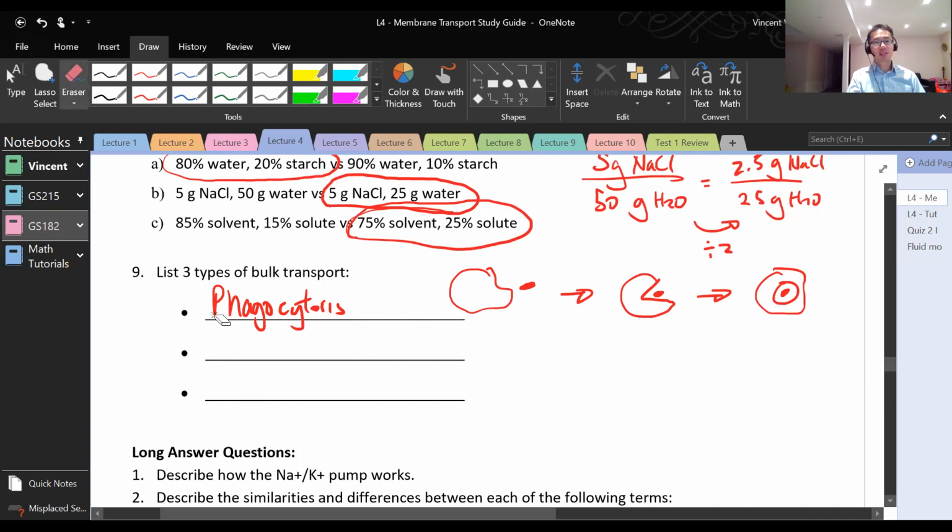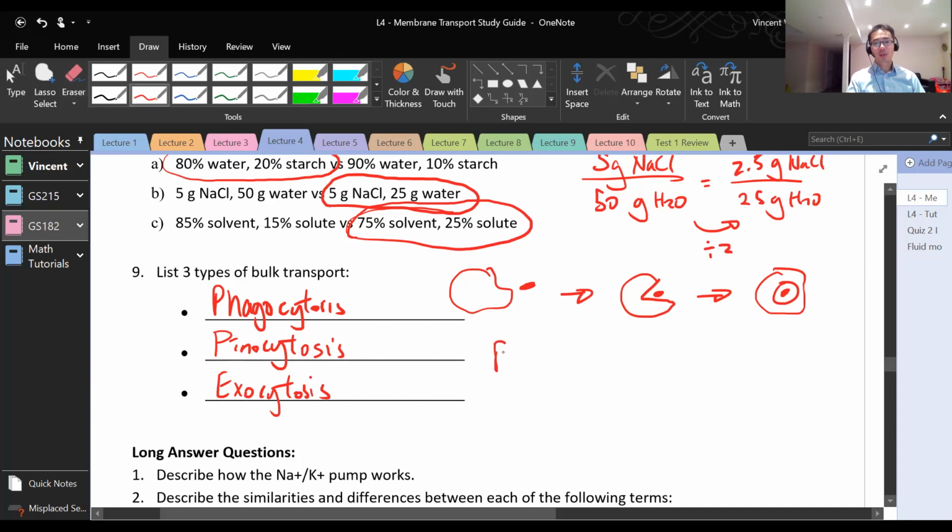Okay, so your immune system does that a lot. Another one is pinocytosis. That's cell drinking. Instead of taking in like a solid chunk of stuff, you're bringing in just a fluid. And then you have things like exocytosis.